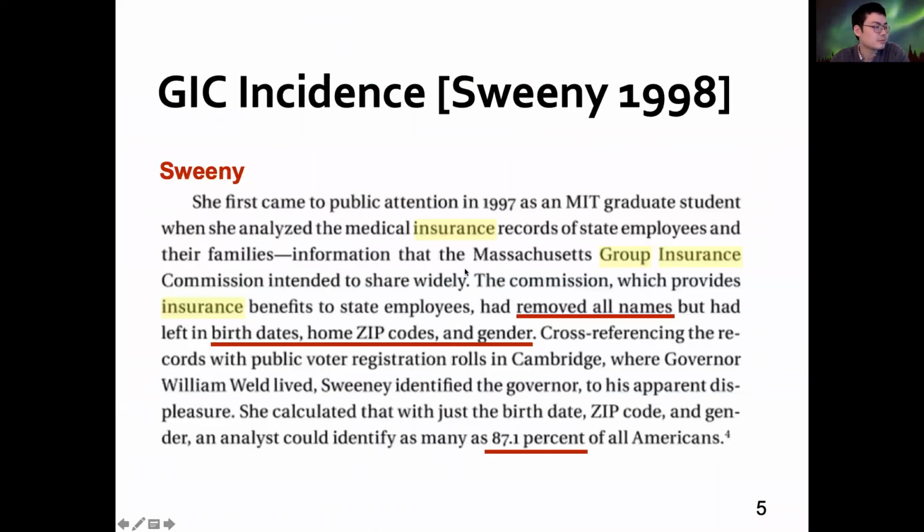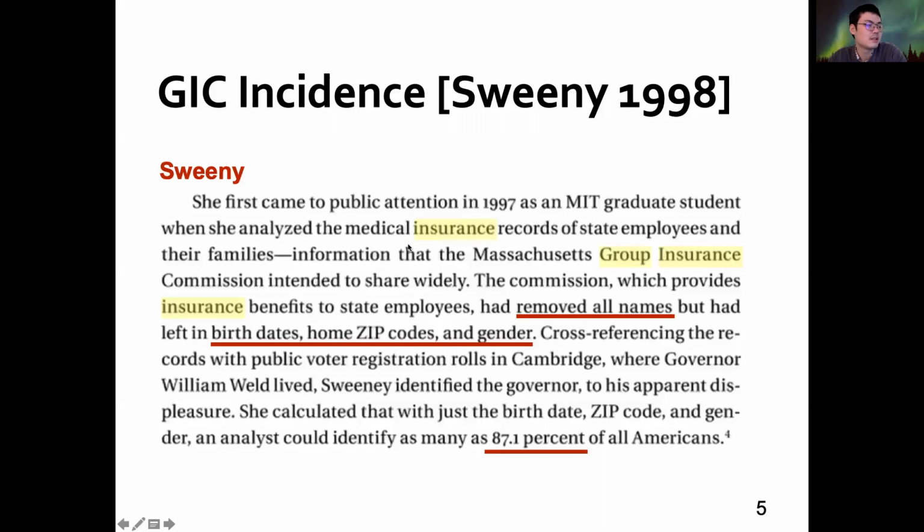Okay, so this Sweeney, originally she was an MIT graduate student, right? At that time, she was not established yet. Right? She wanted to find, for example, some research area to delve into, and she worked on privacy, right, and data privacy. Okay, then she actually played with the data released by the Group Insurance Commission.